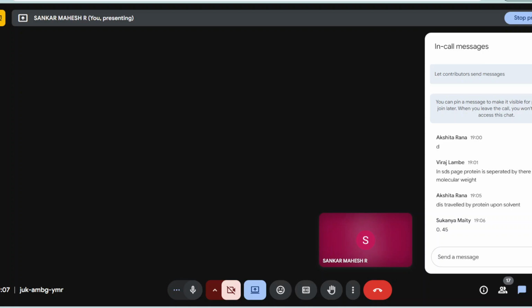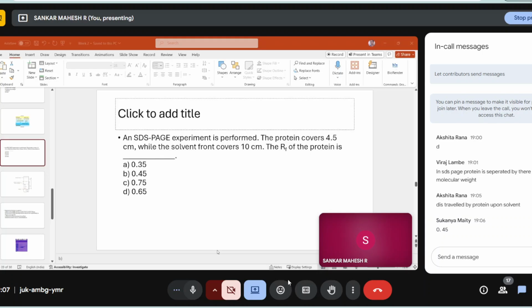It is not usually used for SDS-PAGE, but the way you calculate is similar. You use your solvent front as your standard. In this case, it's 10 centimeters, and compared to your solvent front, how much does your protein cover? So 4.5 by 10, it's just 0.45. That is how Sukanya Maiti has mentioned 0.45. Good.